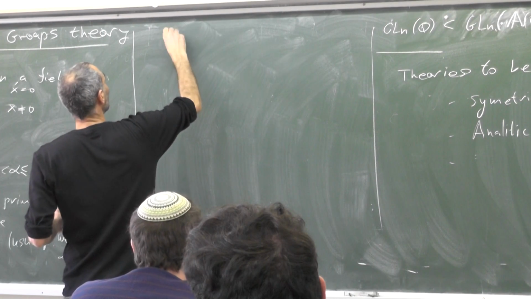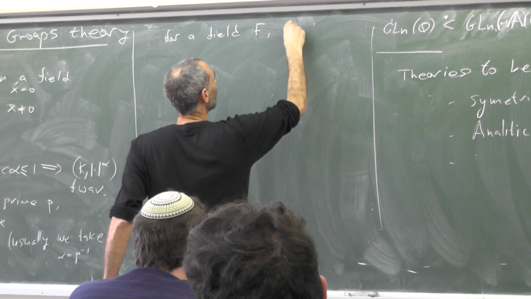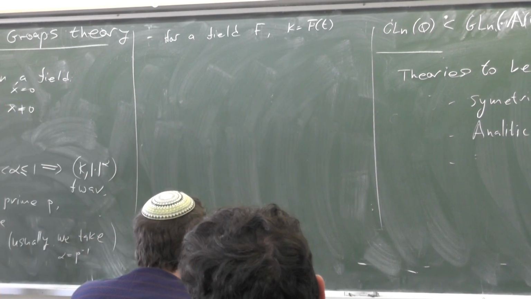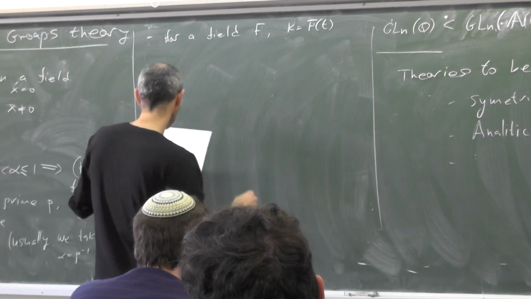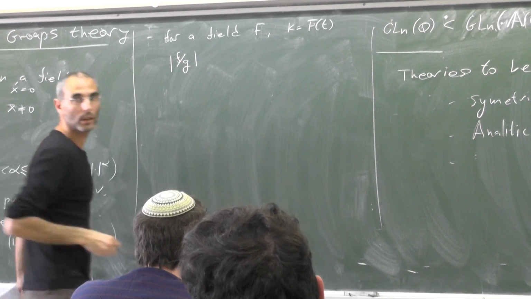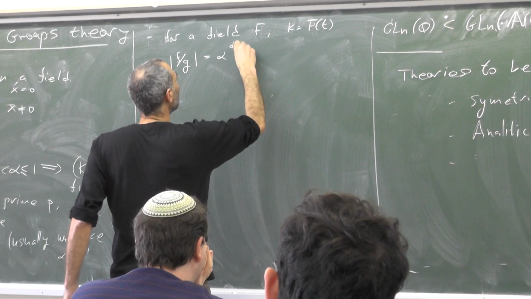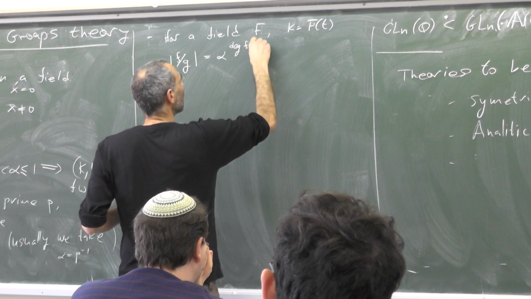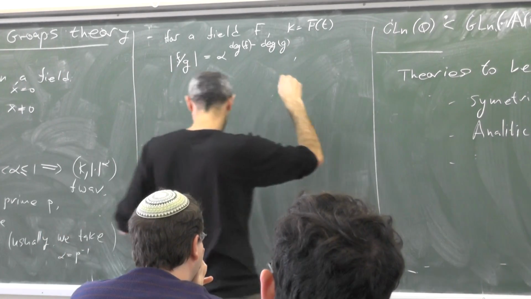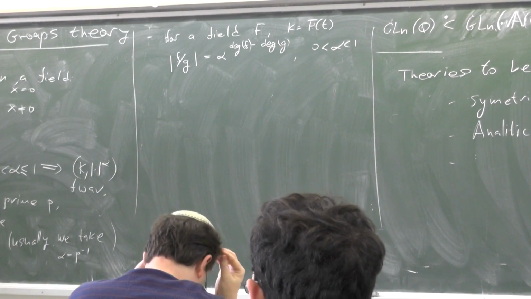For a field F, I can take K to be the field of rational functions over F, and I can take the absolute value which assigns to a ratio of polynomials f over g the value alpha to the power degree of f minus degree of g, and again, alpha should be in this range. This is another example of an absolute value.